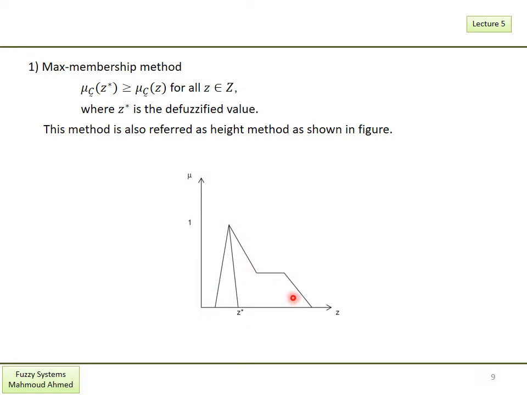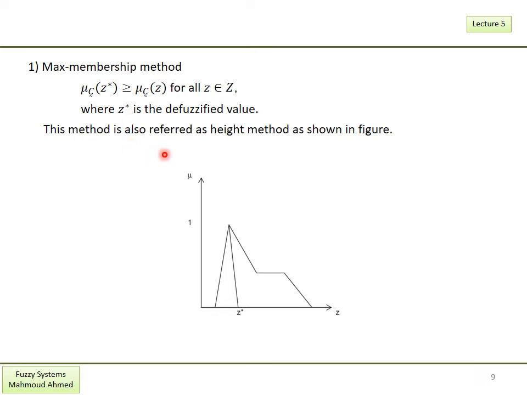So what happens here? We directly obtain the defuzzified value z star from having the maximum value or the maximum amplitude of this fuzzy membership function. The maximum here is at 1, so this represents this point here, and we simply project this point on the z-axis. We obtain directly z star, which represents in this case the defuzzified value.